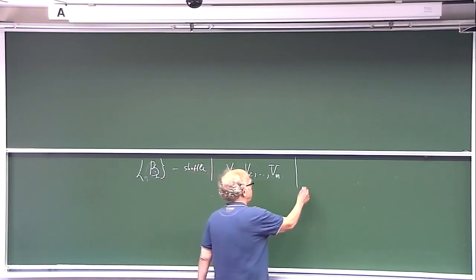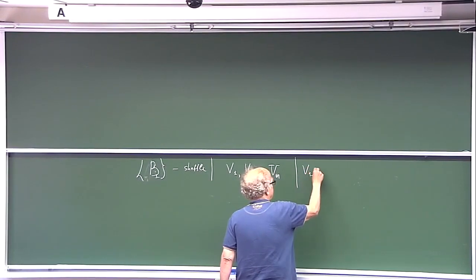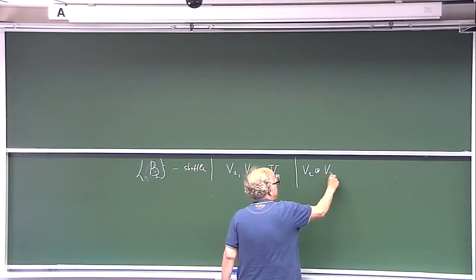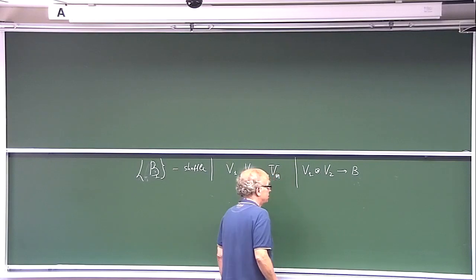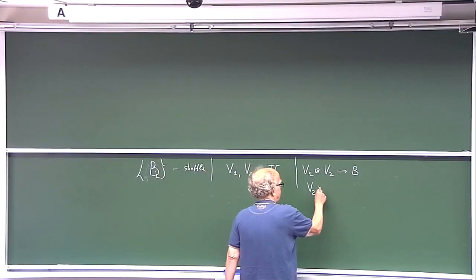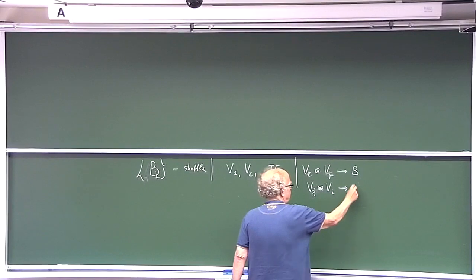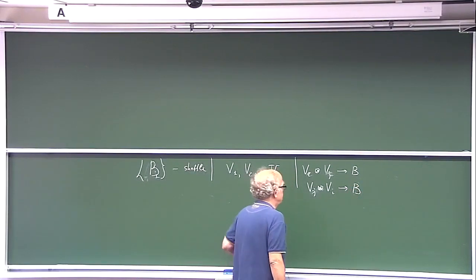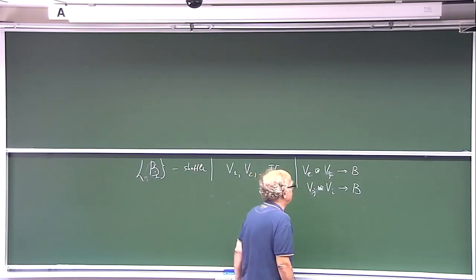Product means that they are part of the algebra, so the product goes to the algebra. It is just the product of the elements, VI and VJ, and VJ times VI is going to be again in the algebra.